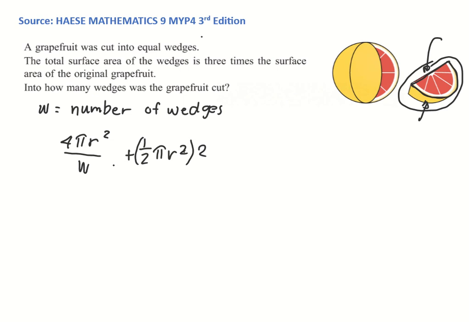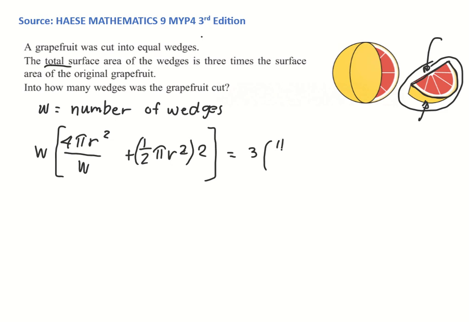Okay. So it says here the total surface of the wedges is 3 times the surface area of the original grapefruit. So this one wedge here, if we multiply this by the number of wedges, W, is equal to the total surface area of the wedges, which is 3 times the surface area of the original grapefruit, which is in a spherical form.